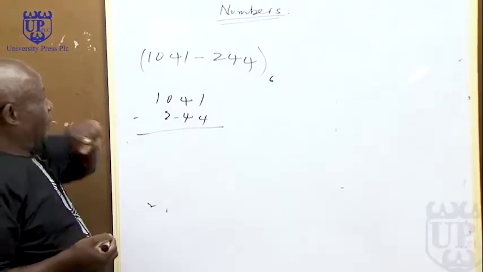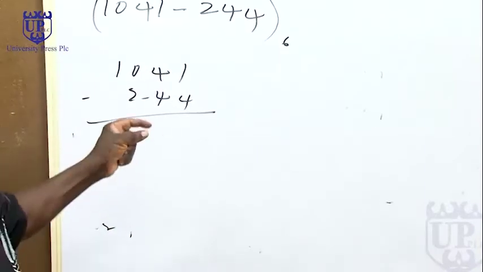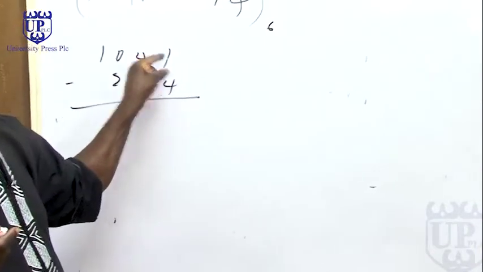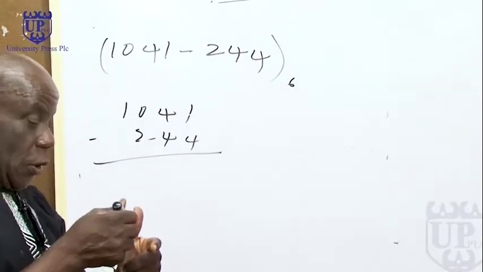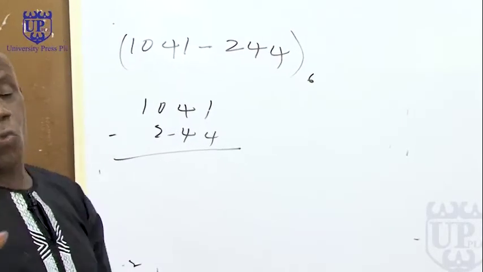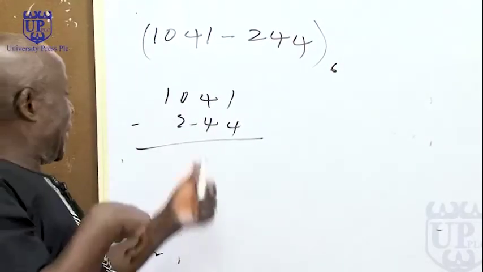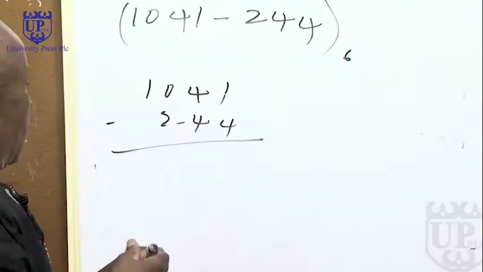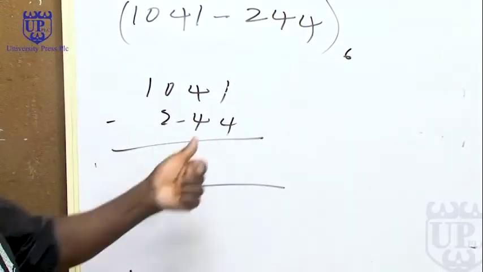You remember our hundreds, tens and units? You say this from this is not possible. Please, there is nothing like it's not possible in mathematics. It is possible. You go and borrow. You go and take from where there are more numbers. For this one, we want to take 4 from 1. 4 is more than 1.